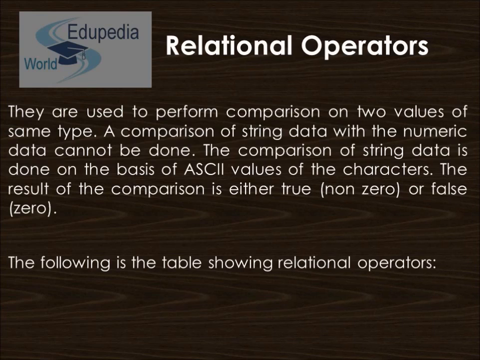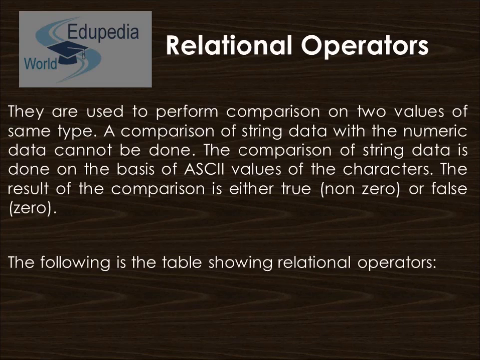The comparison of string data is always done on the basis of ASCII values of the characters, which we can find from any index, from Google as well. For example, A has the ASCII value 64 and then so on. The result of the comparison is either true, a non-zero value, or false, which is a 0 value.